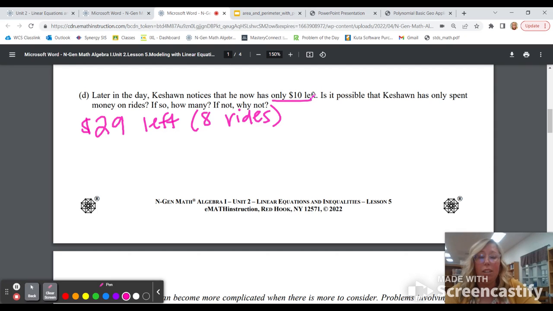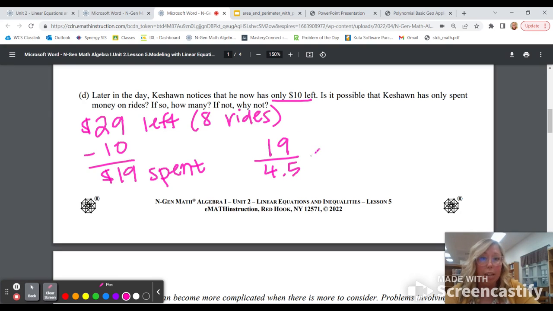If he now only has $10 left, then that means he has spent another $19. So if rides cost $4.50 each, you could set up just a simple division problem. 19 divided by $4.50. I got my calculator handy beside me.